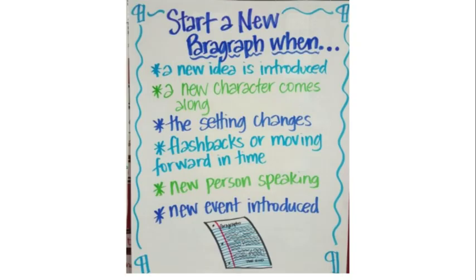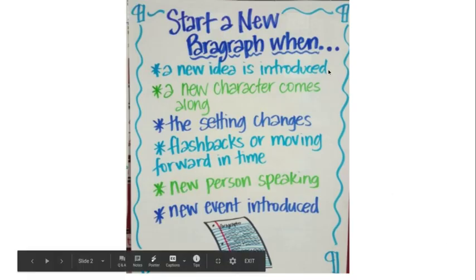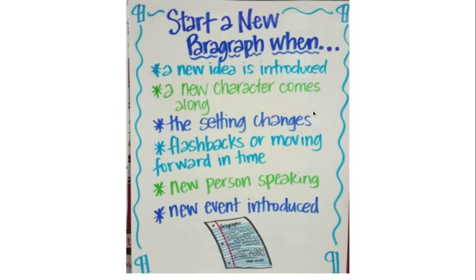So here are the rules for when you need to start a new paragraph. The first one: whenever a new idea is introduced, or a new character comes along, so you're introducing a character or a character is entering a scene, or the setting changes.